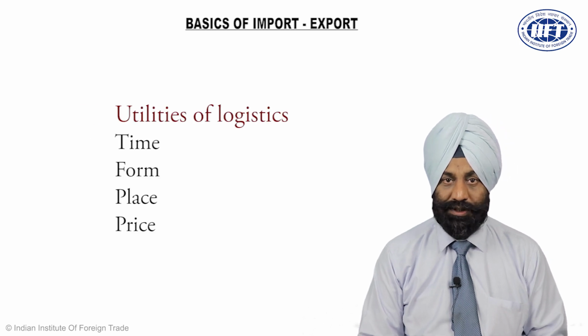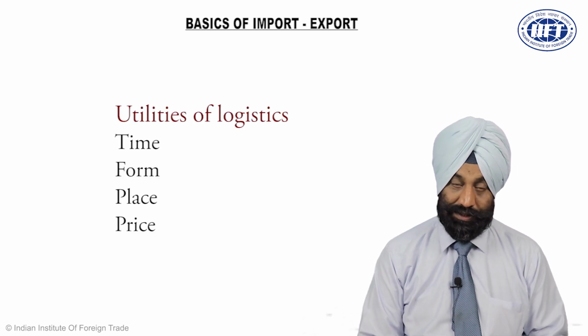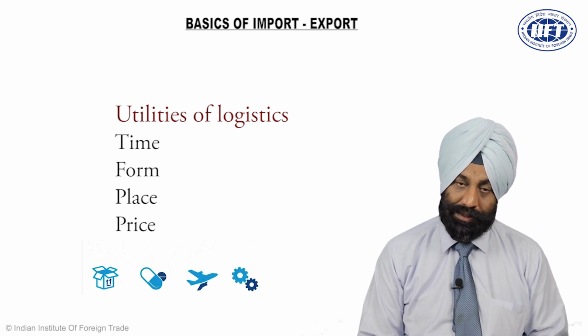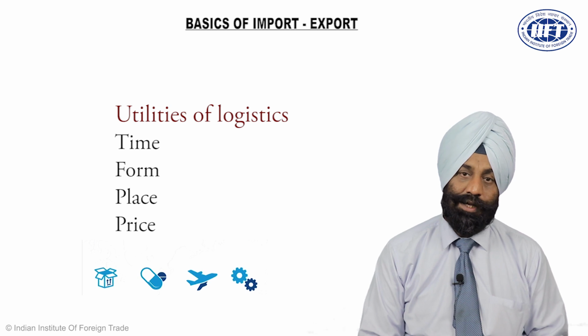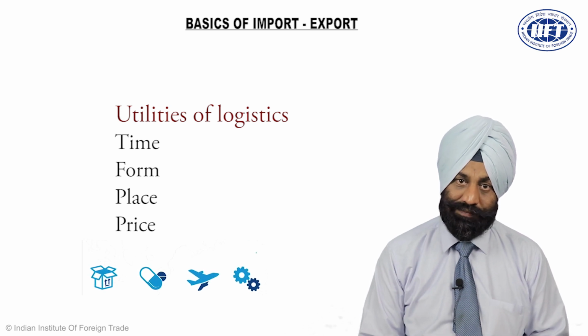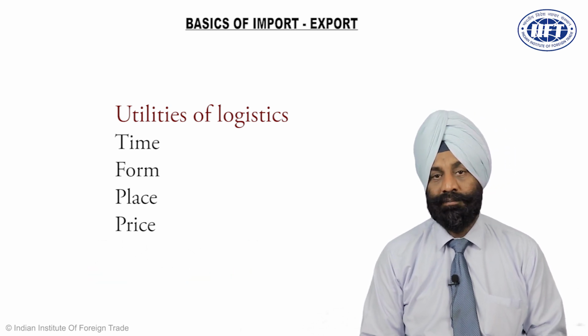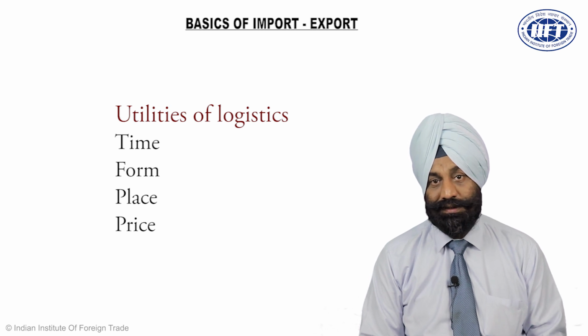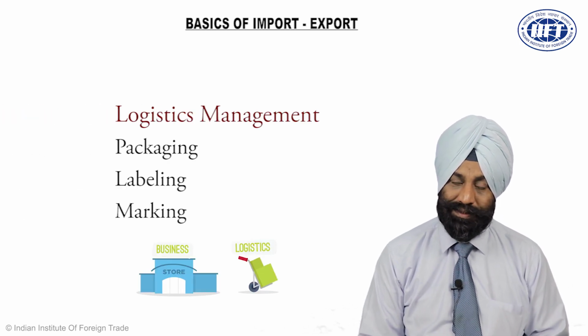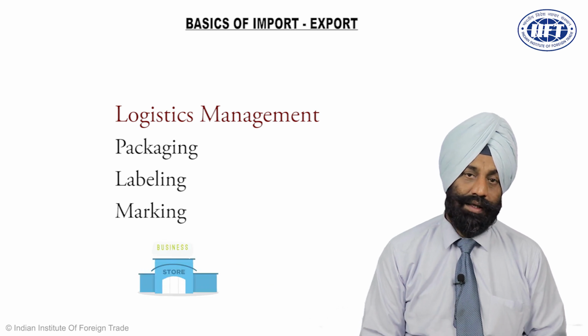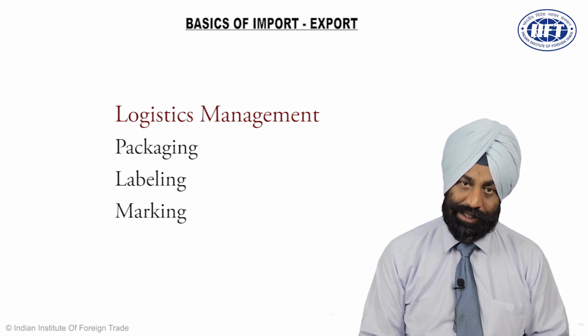When goods move, there are issues related to logistics, which may be time utility, form utility, place utility, and price utility. So these are four utilities which are created out of the logistics function. Dear friends, today's session is aimed to equip our participants on the issues and challenges they face, for example, number one, what is logistics management, packing, labeling, marking of EXIM consignment.